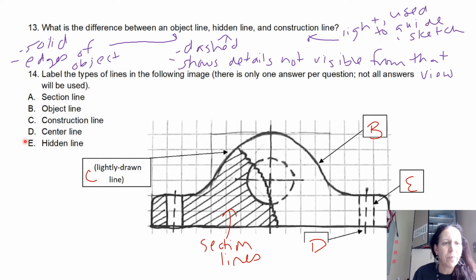And then on this, we had the object, the construction, the center line, which is also dashed, usually with longer dashes, and it would be in the middle of something. And then these are section lines that show that you've sliced away a part of the object, to say, okay, I sliced this away and this is solid. It's kind of an awkward sketch that they have there. I think they were just trying to get as many lines as possible onto it.